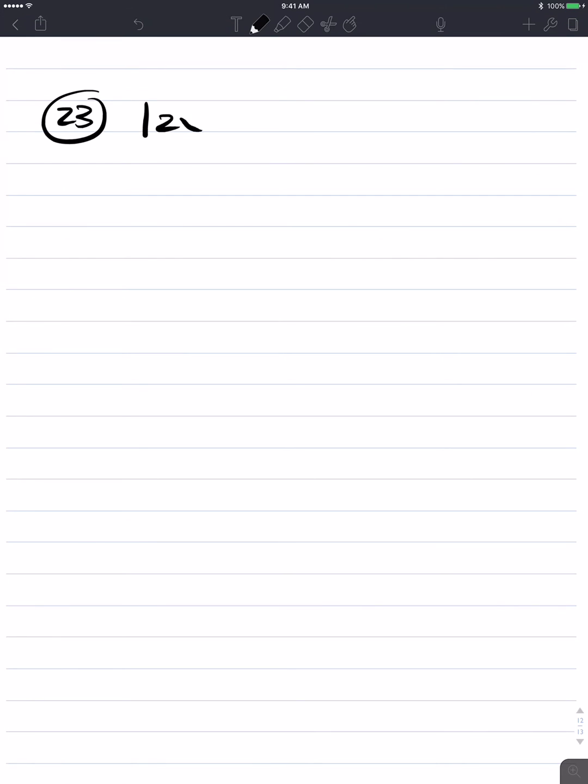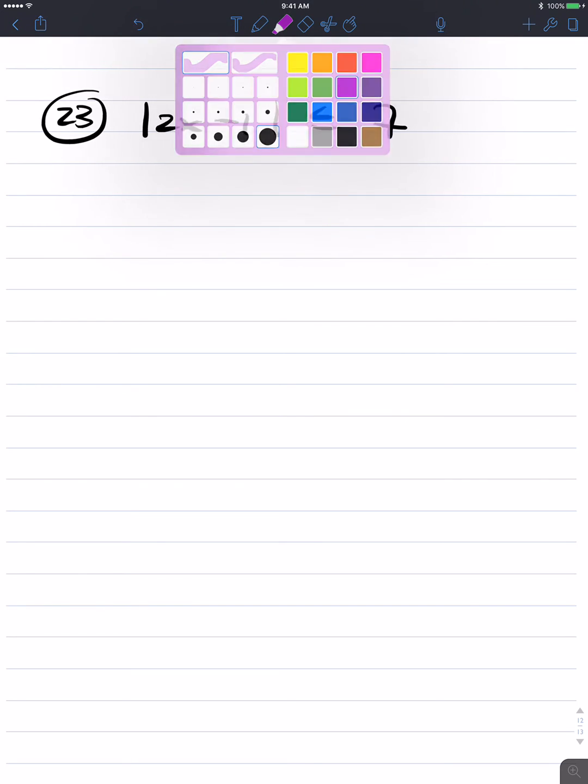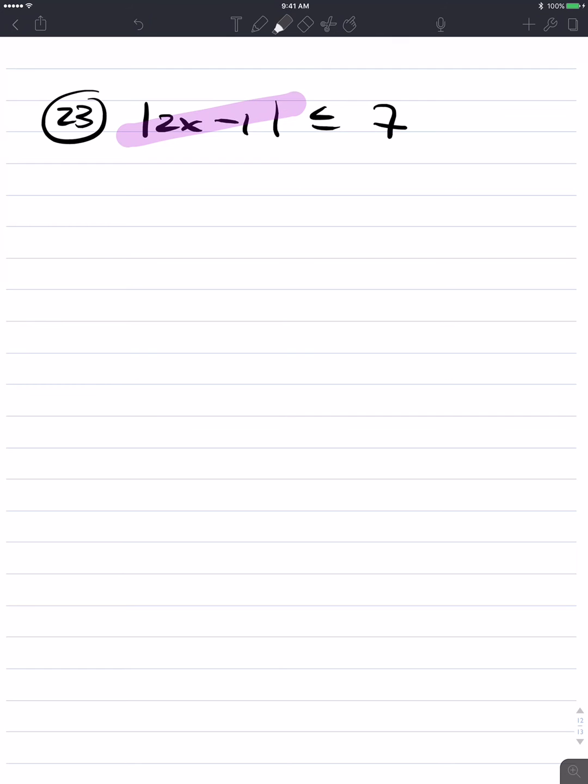(23). The absolute value of 2x minus 1 is less than or equal to 7. Notice we have the absolute value and less than or equal to. This is the between situation. We can solve for x. Add one to the middle, one to the right, and one to the left.